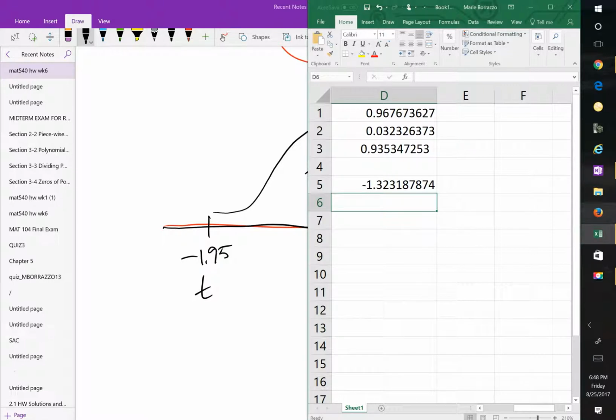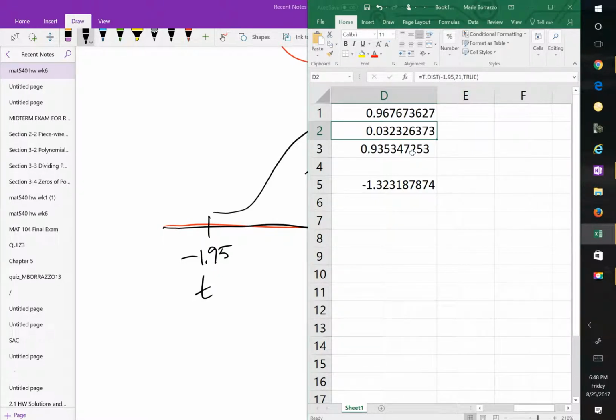So what you want to do in this case, and if you notice here, in the first one I did the positive 1.95, so I did t.dist 1.95 comma 21, which is the degrees of freedom, comma true, and I hit enter, and it gave me that area. The next value I did was the same thing in the next cell, except this time I did t.dist, I did negative 1.95 comma 21 comma true, and I got this value.